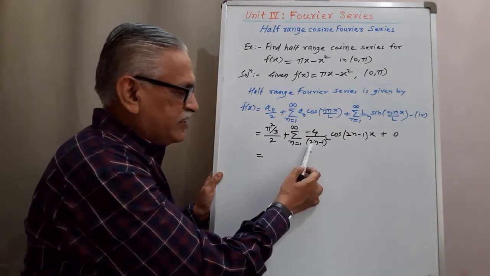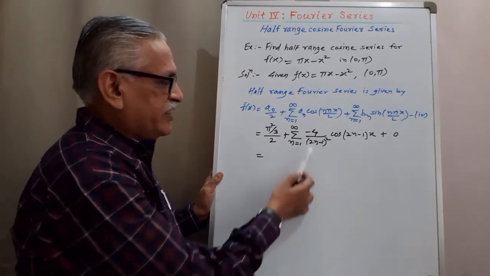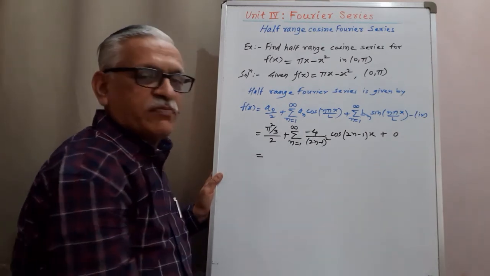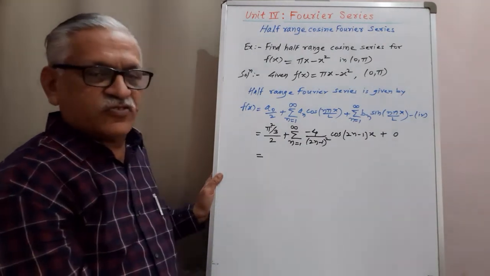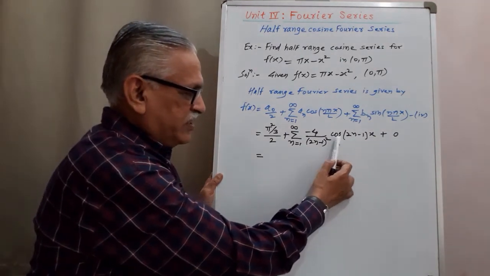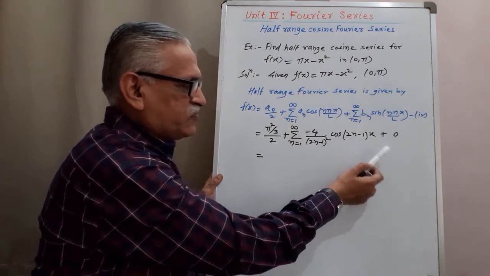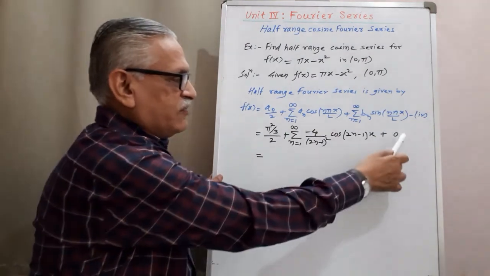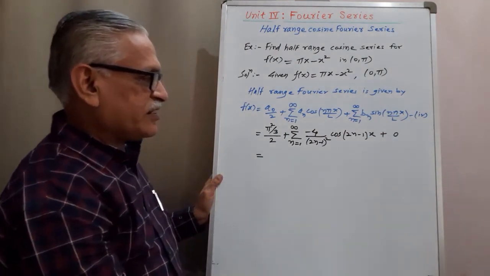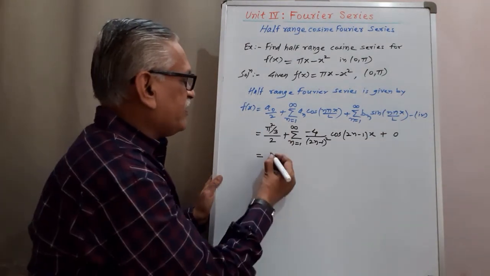Therefore, replacing n by 2n minus 1, we get minus 4 upon 2n minus 1 whole square into cos of nx. Here also we replace n by 2n minus 1. It becomes cos of 2n minus 1 times x. n changes from 1 to infinity, and the value of bn is 0. That term becomes 0.